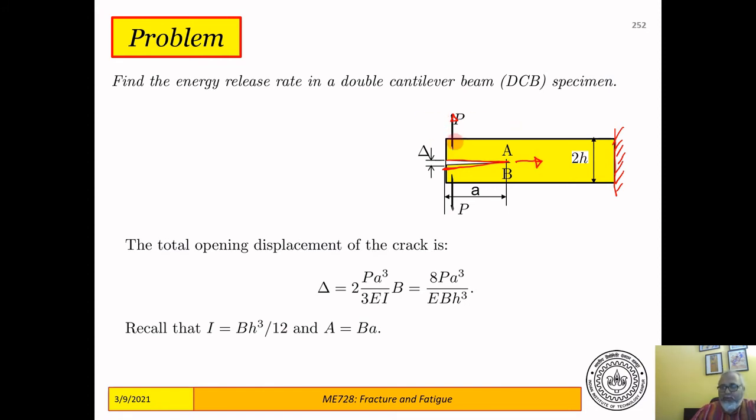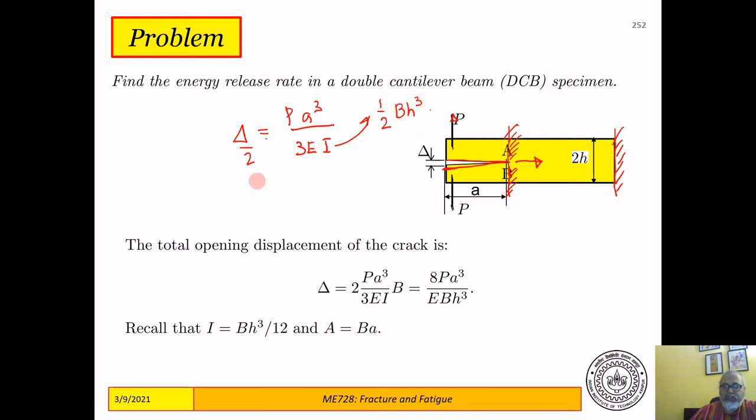Now when I apply a force P at this end of length a, then I can assume that this part is a cantilever and so is the lower part, built in here. So this delta will be split between the two. So delta by 2 will be equal to P a cube by 3 EI. I is 1/12 into, the thickness is b, h cube.